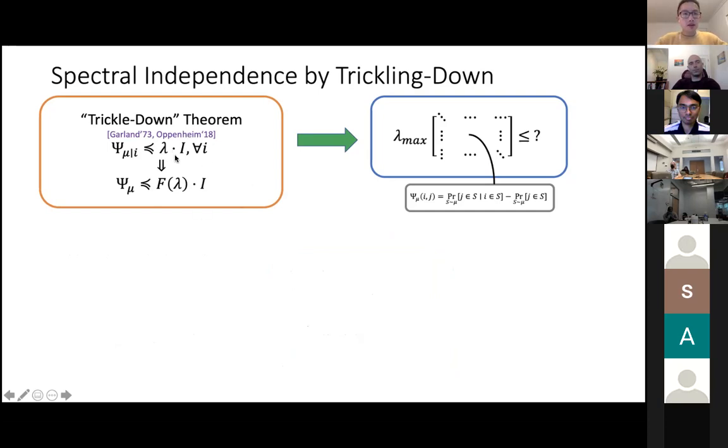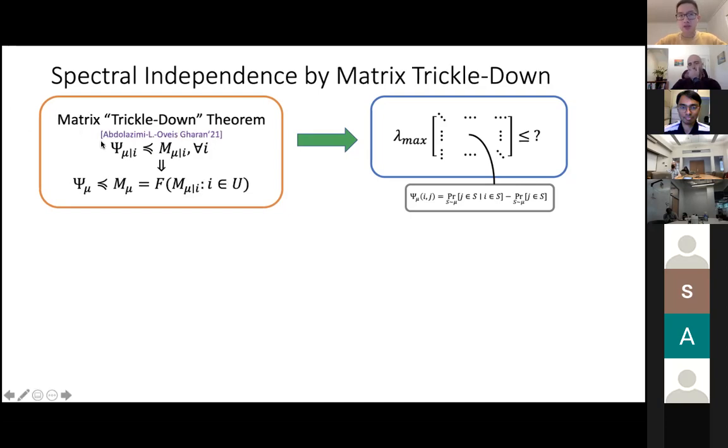Now it turns out what you can do is, instead of using the identity matrix, which gives a uniform bound on all eigenvalues, maybe I can use some other matrix, say M here. You would have to construct these M's very carefully. But the hope is that you can use these M's to capture the spectral structure of your influence matrices more tightly, more precisely.